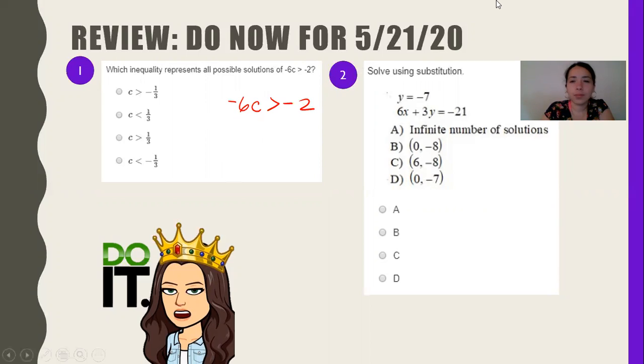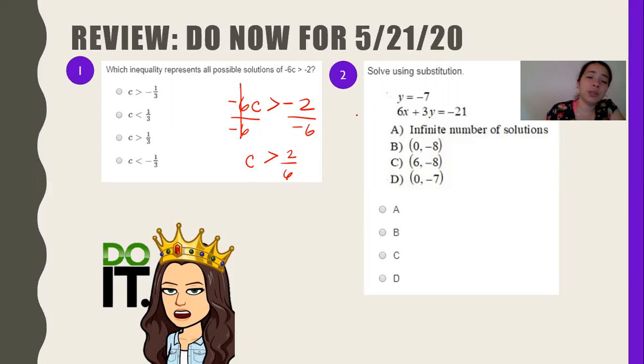Divide. What do you divide by? Negative 6. That cancels out. And then a negative divided by negative makes a what? Positive. Good. So let's just leave it like that.